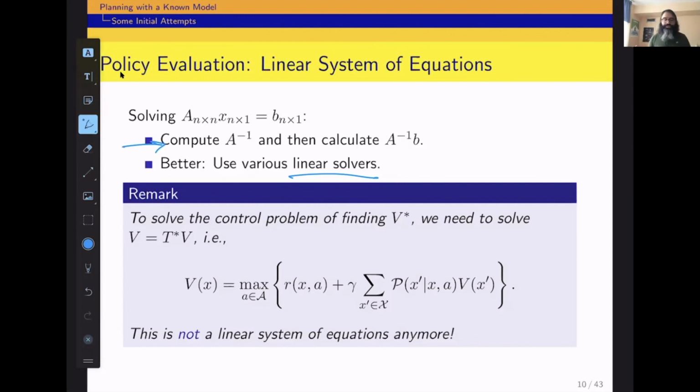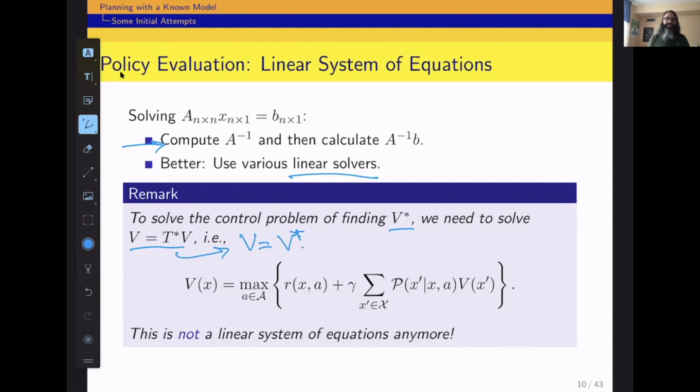Okay, so that was policy evaluation. What about the control problem? If we want to find a V star, that basically means we want to solve the equation V equals T star V. Because of the uniqueness of the fixed point of T star, the Bellman optimality operator, if we find such a V, then V would be V star.